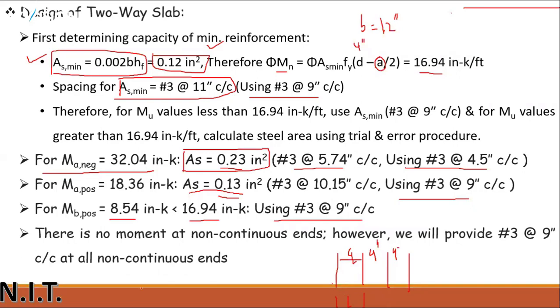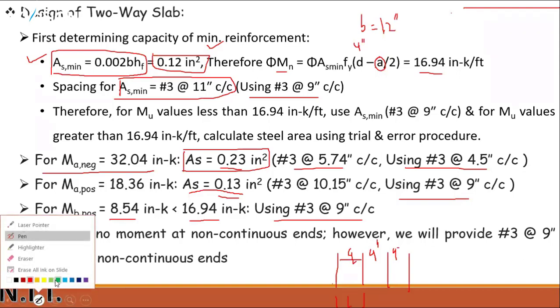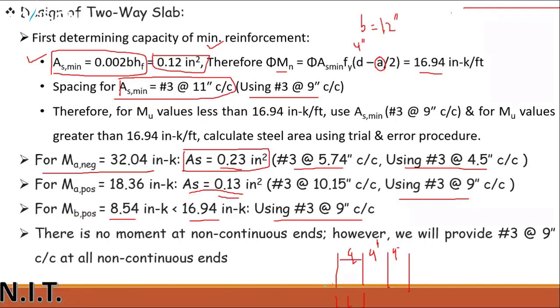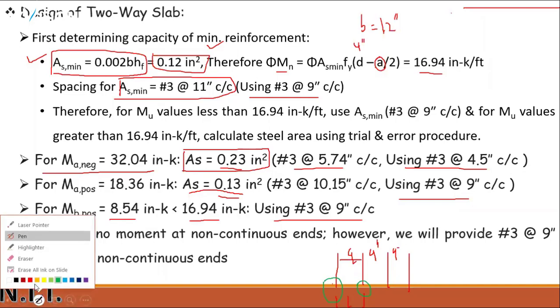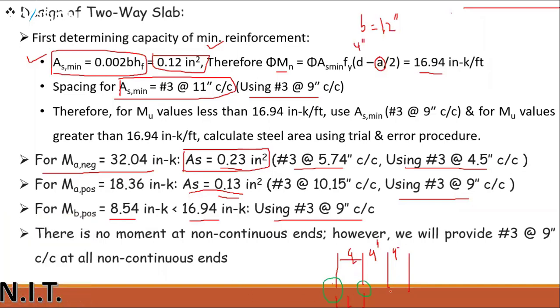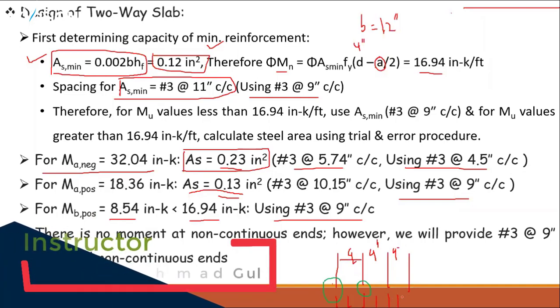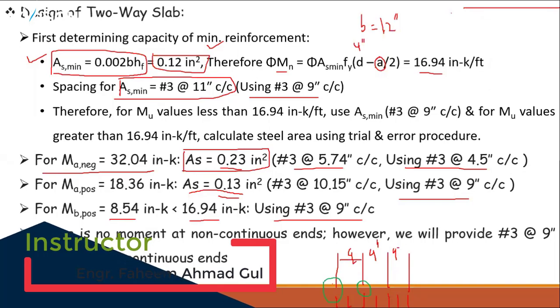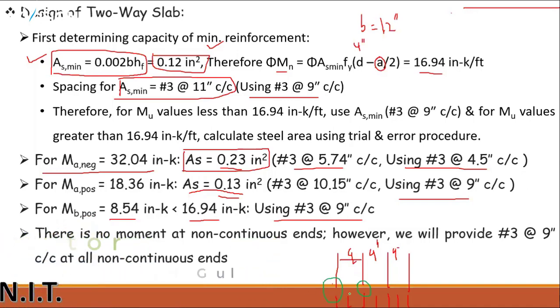This is steel. Let me use another color. These two steels can overlap. These two steels can overlap. Similarly, if I provide more steels, this will be at center, then center. So we can say that after one steel, another steel can be overlapped with one another.